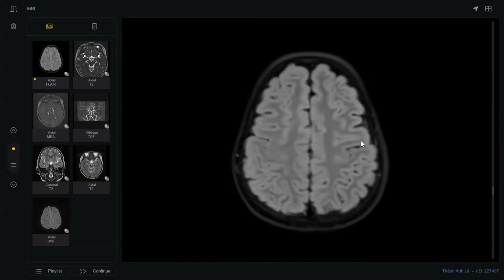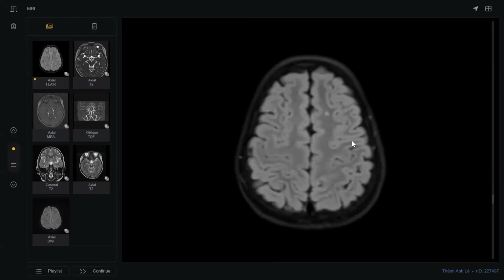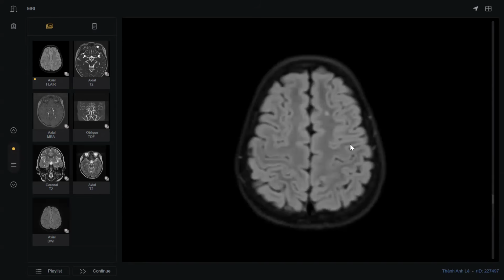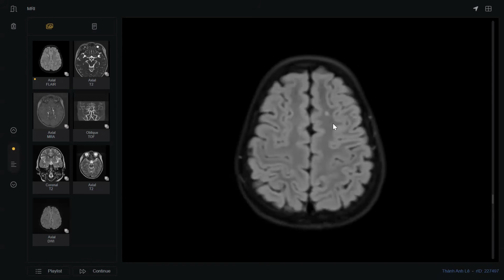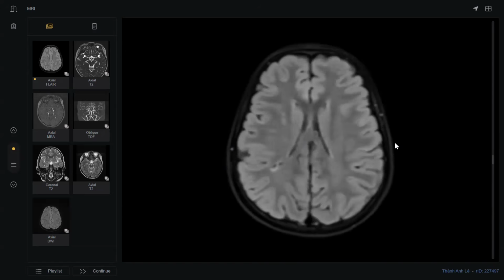Is this the only one? I think there are, okay, let's just have a quick look. There is another subtle hyperintense focus, a tiny one, on the left side as well.